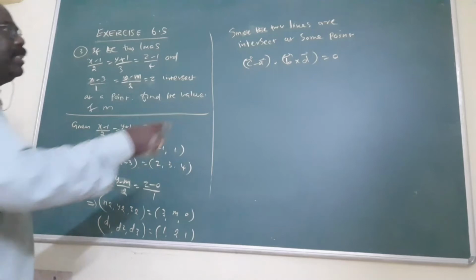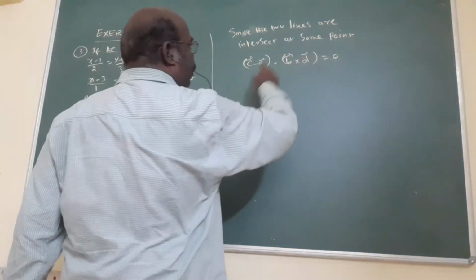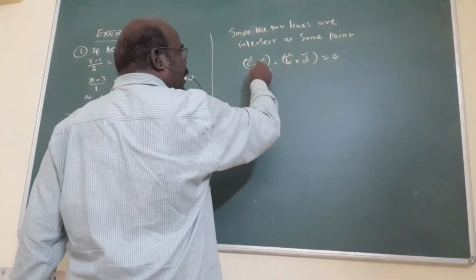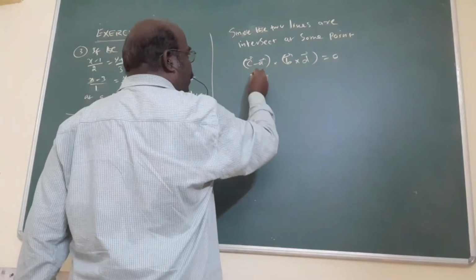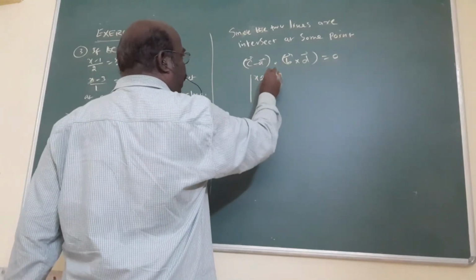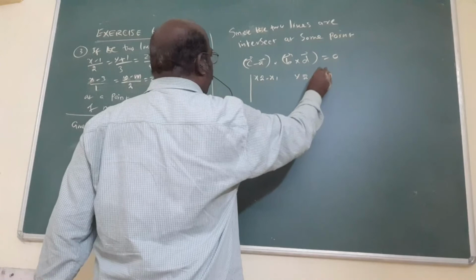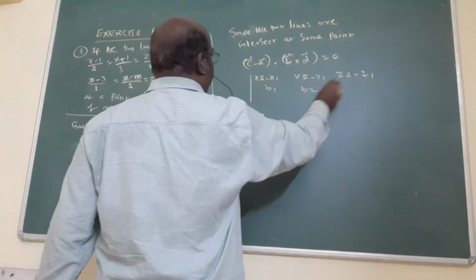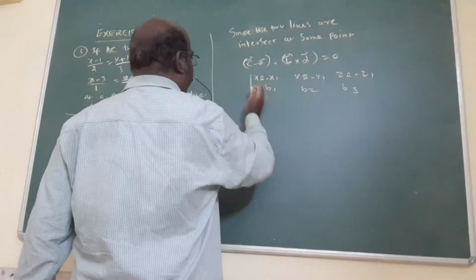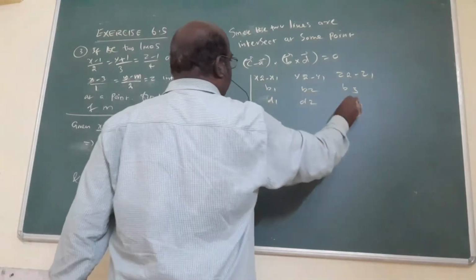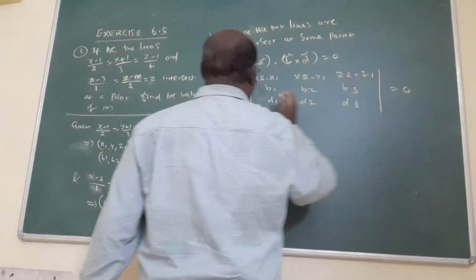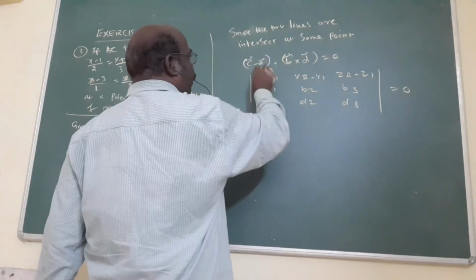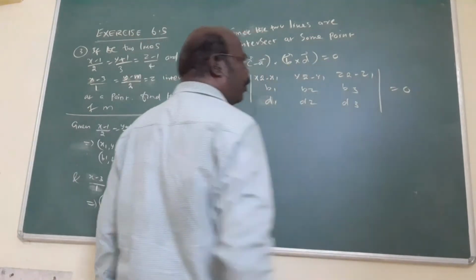The same thing: the two lines intersect at some point. This is the formula, one dot, one cross: the determinant with x2 minus x1, y2 minus y1, z2 minus z1, then b1, b2, b3, d1, d2, d3. This is also the same thing. This is the vector format, this is the Cartesian format, both are the same.